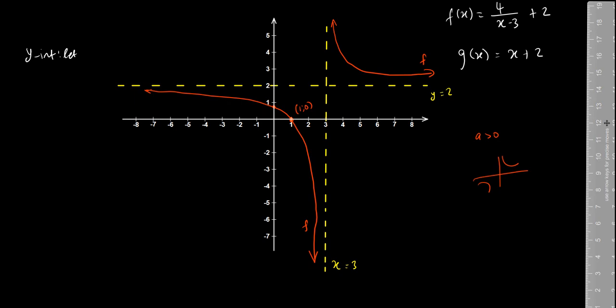You can then substitute 0 where you see x. I like to write this as y is equal to x plus 2 so that I understand that g is simply y. So then I say y equals 0 plus 2, which means y is equal to 2, which means we have 0 and 2. Okay?